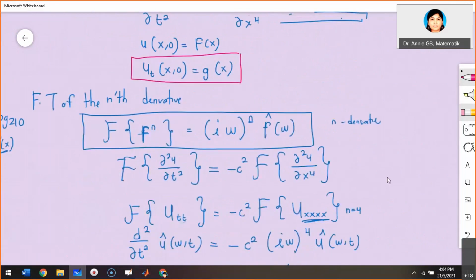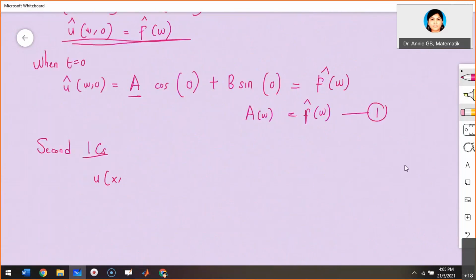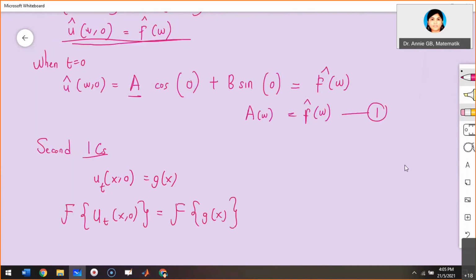So I have u_t(x,0) sama dengan g(x). Similarly, we need to apply Fourier transform for this initial condition here. Fourier transform of u_t(x,0) equals to Fourier transform of g(x).